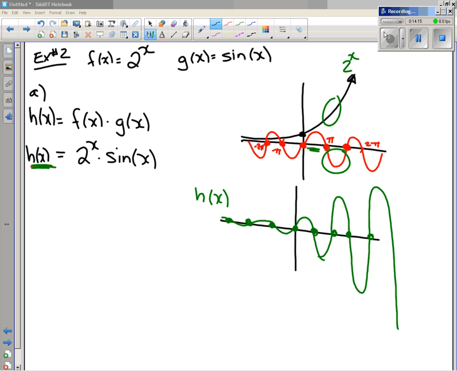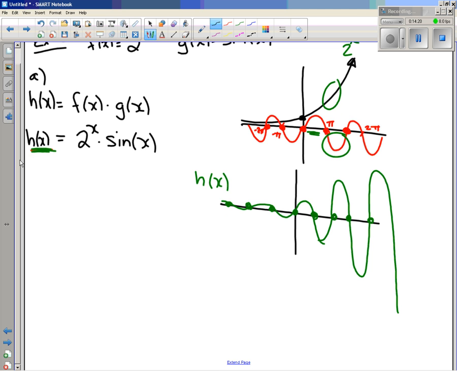So the second one we'll look at doing is a division one. Let's define k of x to be f of x divided by g of x, which is going to be 2 to the power x divided by sine x.